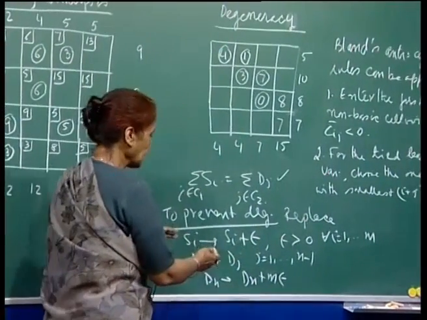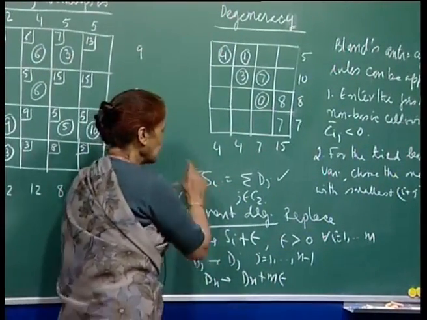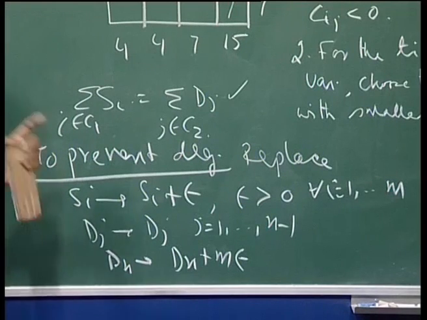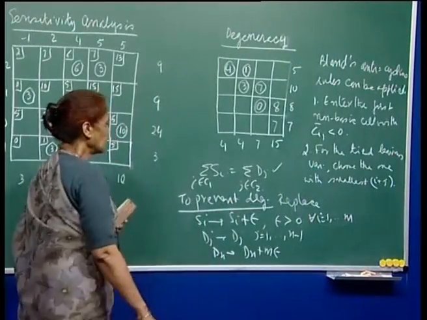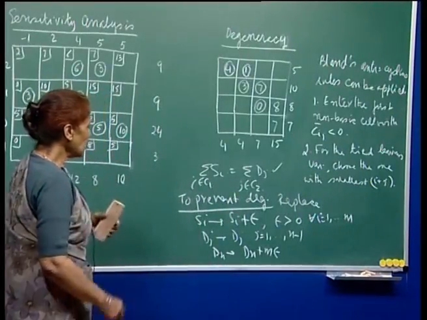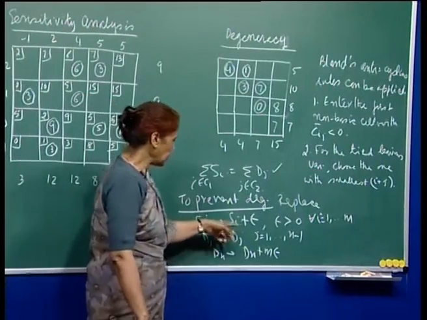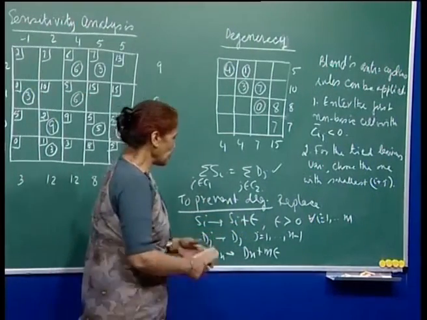This change in the Si and dj values will never satisfy the necessary condition for degeneracy, which has also been shown to be sufficient. So this claim is good enough: degeneracy would be prevented if you replace Si by Si plus epsilon, with a proper choice of epsilon.